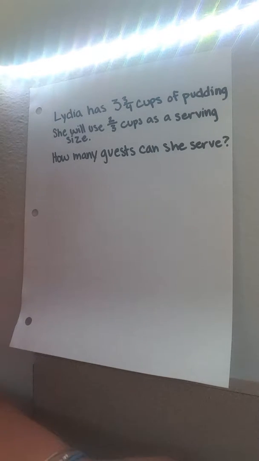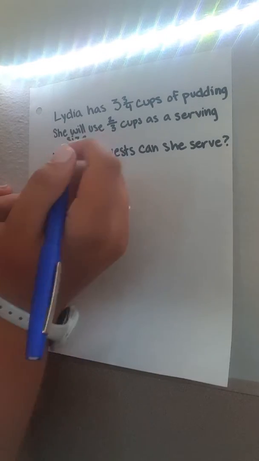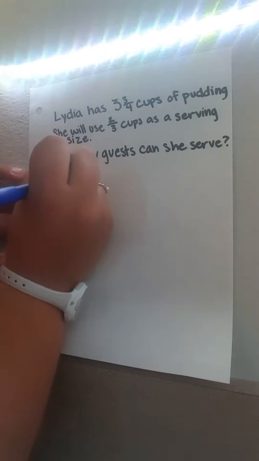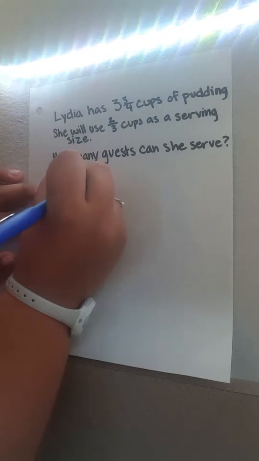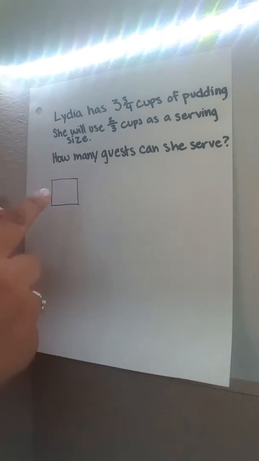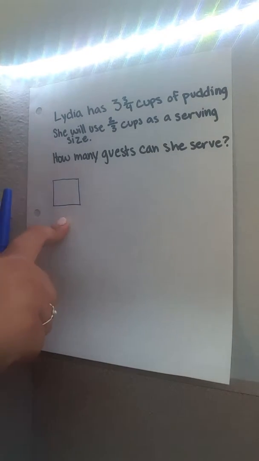So what I want to start off by doing is drawing what Lydia already has, what we know she has. So we know that she has 3 3/4 cups. I'm going to let a square or a rectangle, they might not all be even, signify 1 cup.